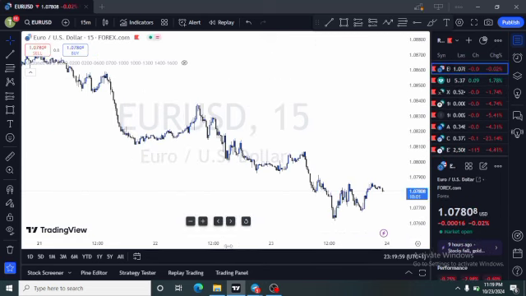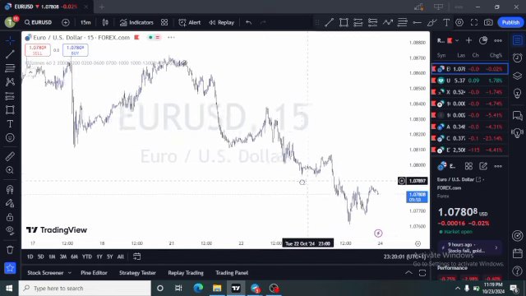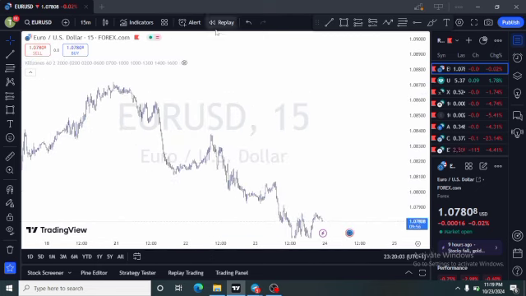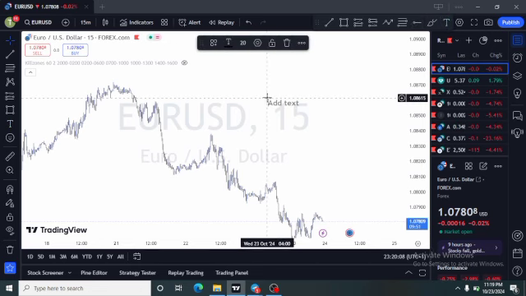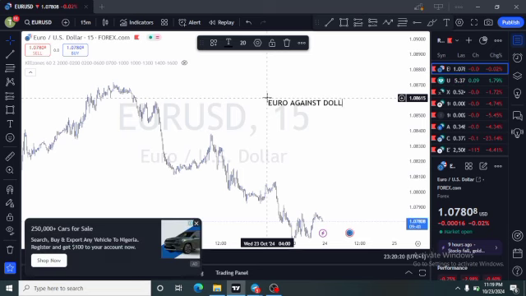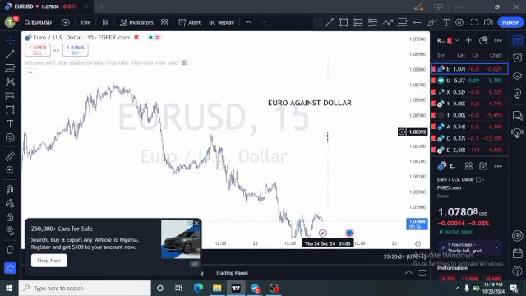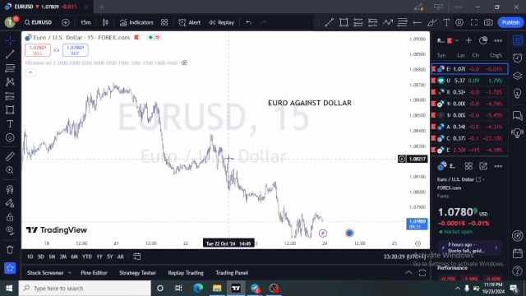This is the euro against the dollar. We also have GBP USD, that is just the pound against the dollar, and others.